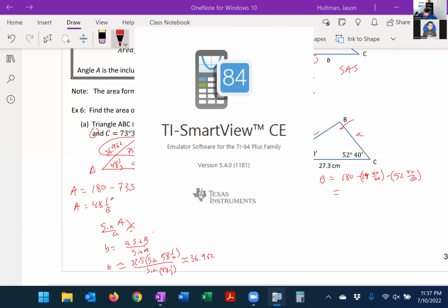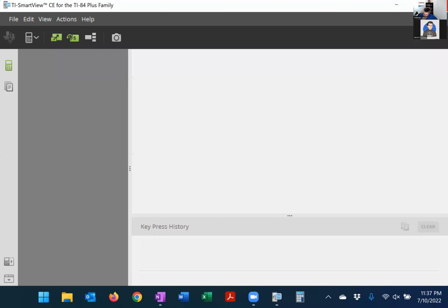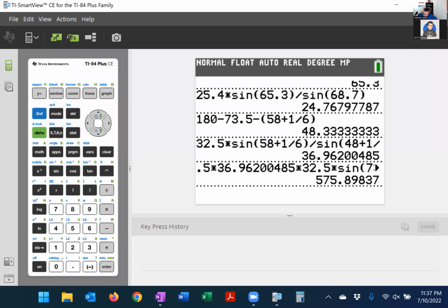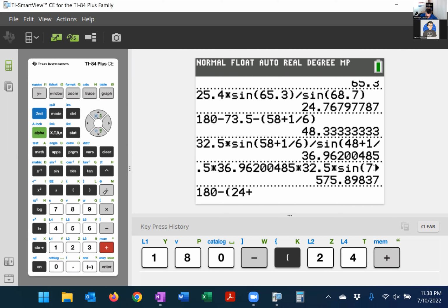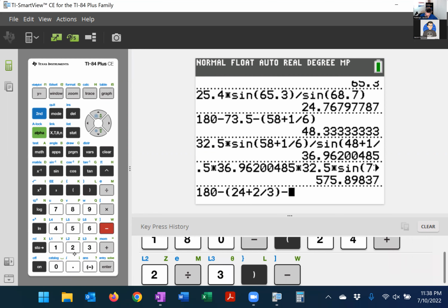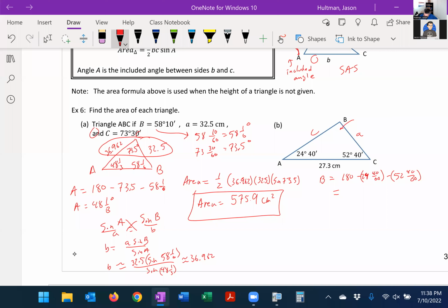Okay, 40 over 60, that reduces to 2/3. Okay, so that's going to be 180 minus 24 and 2/3 minus 52, and 40 over 60 reduces to 2/3.